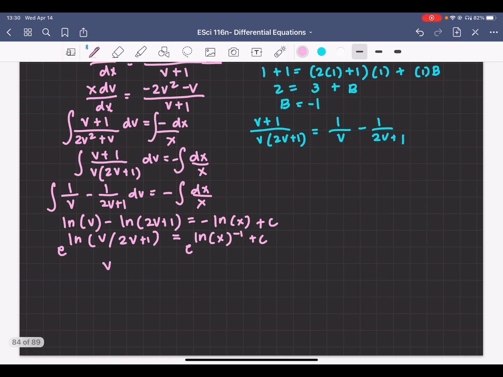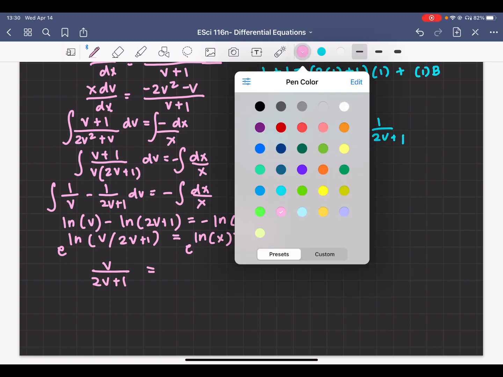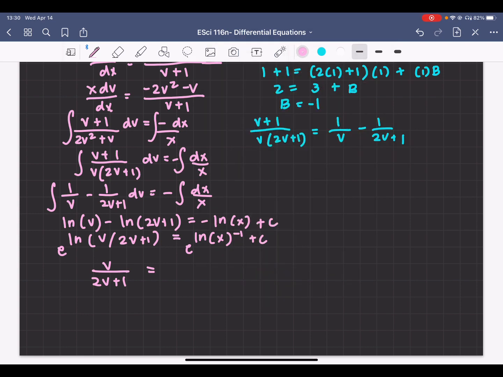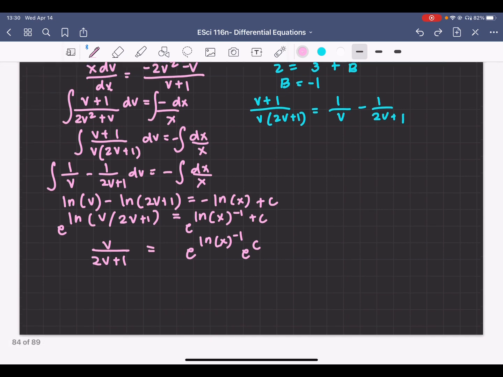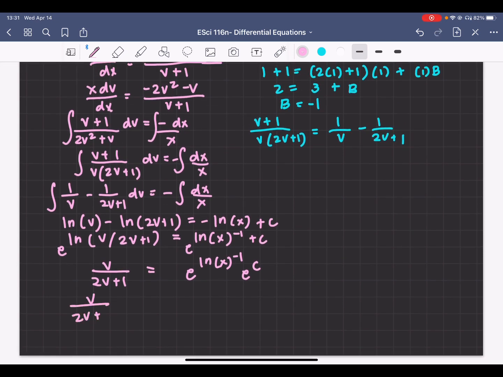So we have v over (2v plus 1) is equal to, if you can remember, this can be rewritten as e raised to the power of ln x to the power of negative 1 times e to the power of C, which is simply C, because e to the C is also still a constant.